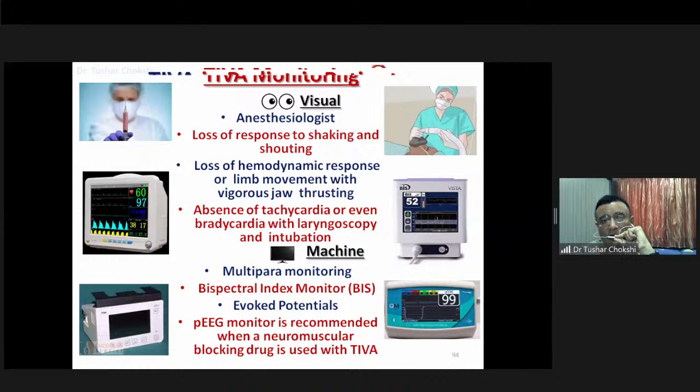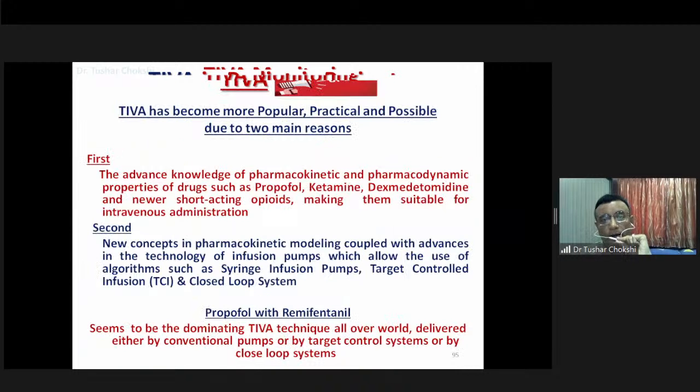You should see, when you are giving TIVA, loss of response to shaking and shouting, loss of hemodynamic response, absence of tachycardia. And when you are using machines, then you must use multi-para monitor, bispectral index, evoked potentials, and processed EEG monitor, even Narcotrend, even entropy. And people have started other monitors like NOL monitors and Qcon, Qnox. All monitors are coming as anesthesia depth monitors.